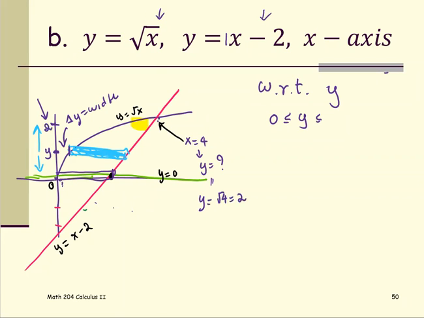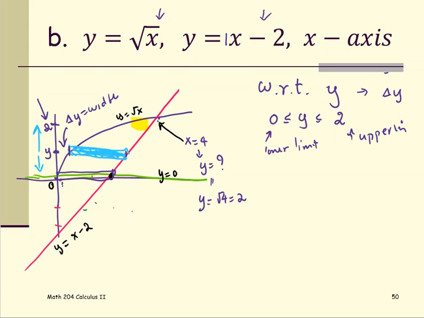That means the upper limit in y is 2. So the bound of y is from 0 to 2. Now we have the width with respect to y, which is delta y, the lower limit and the upper limit.